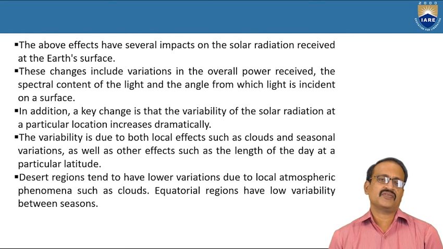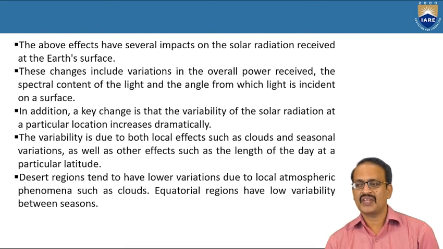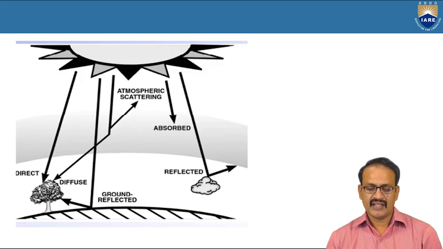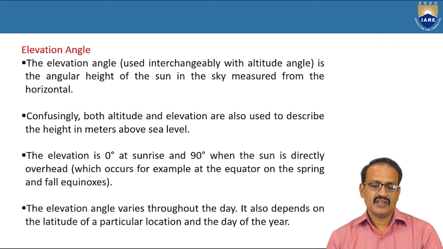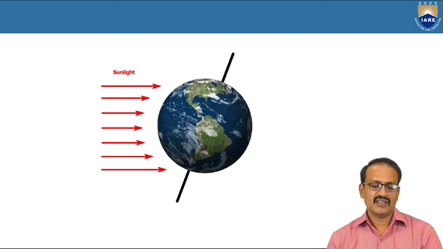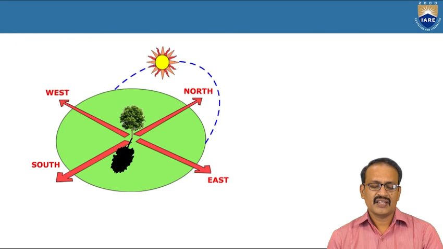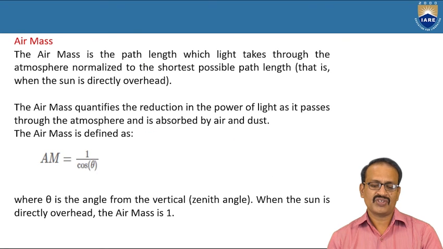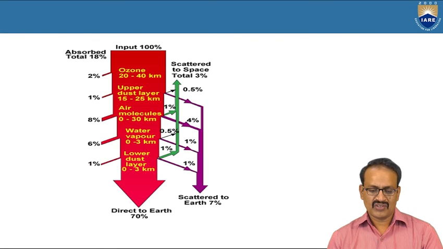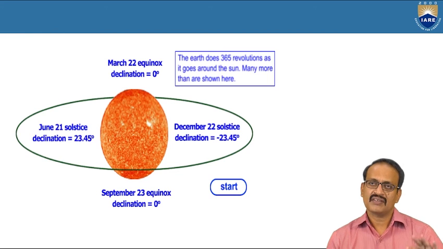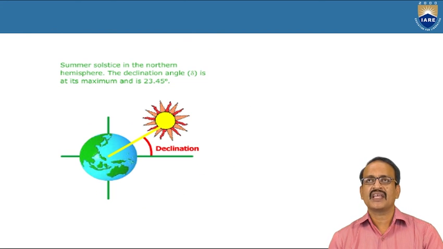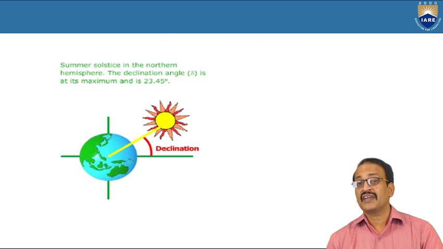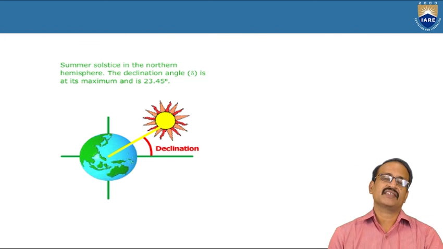Along with that, the seasons. We have discussed the azimuth angle, elevation angle, declination angle, motion of the sun, air mass, all these things. But the seasons also have a very significant, dominating effect.